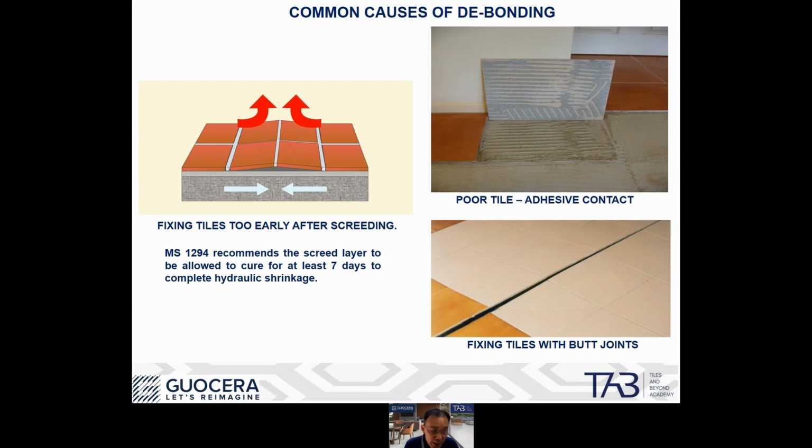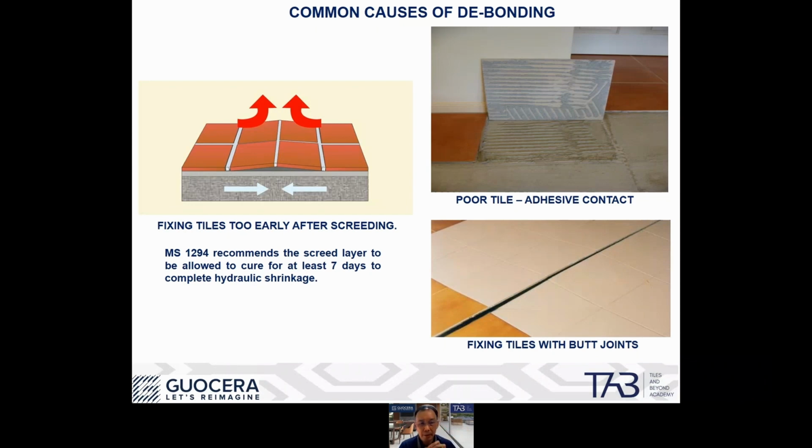The reason for this is basically because any cementitious material will undergo evaporation, whereby moisture is evaporated from the cementitious layer. And when this happens in the first 7 days, there's one process called hydraulic shrinkage. Now, hydraulic shrinkage is basically when water is evaporated from the cementitious layer, there is a very high shrinkage.